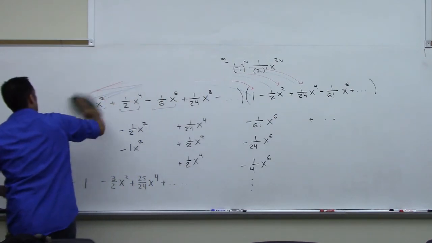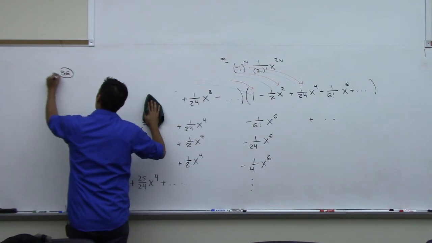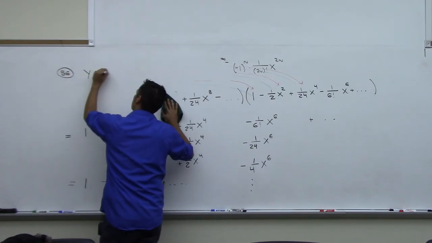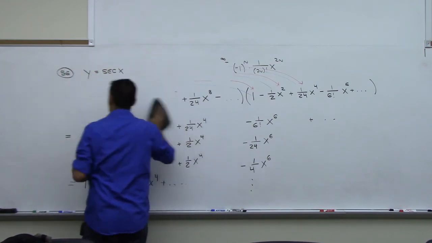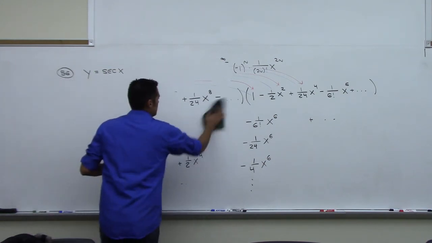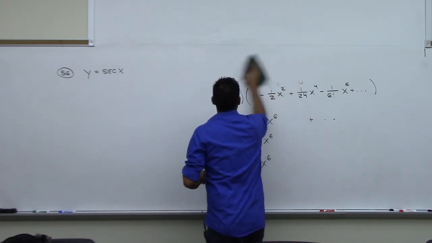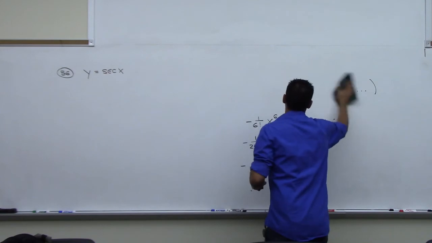Let's take a look at number 56. Y equals secant x. Now that doesn't look very intimidating, right?